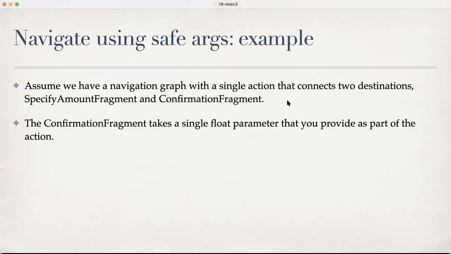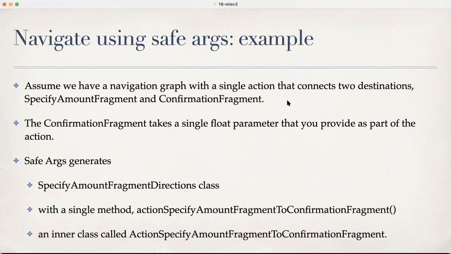So with this, safe args will generate for you a SpecifyAmountFragmentDirections class, as we saw. And inside that, you'll have a static method actionSpecifyAmountFragmentToConfirmationFragment. And it will also generate an inner class named ActionSpecifyAmountFragmentToConfirmationFragment.